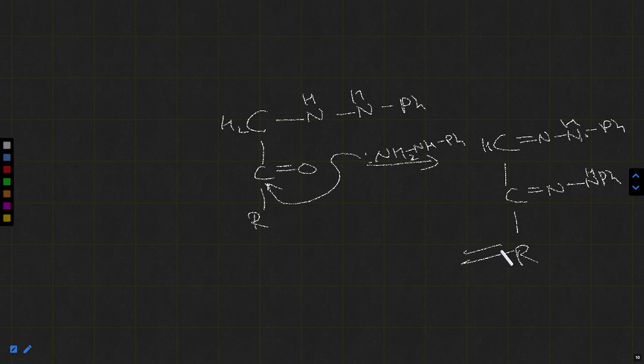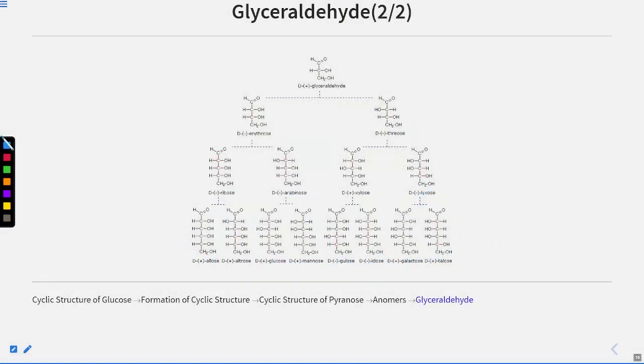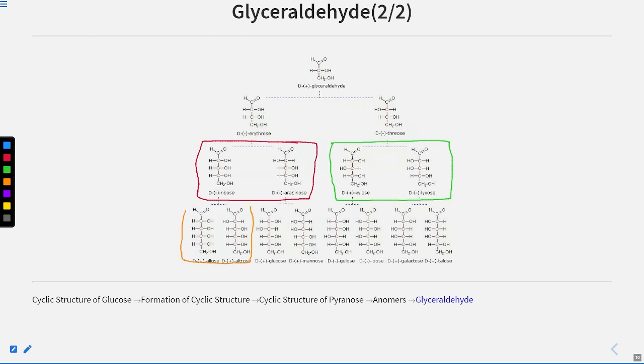And what are the species that give the same osazone? So we have to just look at the pairs that are derived from the top one. So ribose and arabinose will give the same osazone, and the xylose and lyxose will give the same. Similarly, the allose and altrose will give the same osazone.